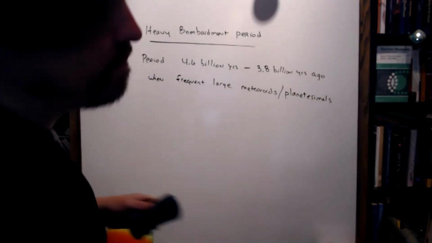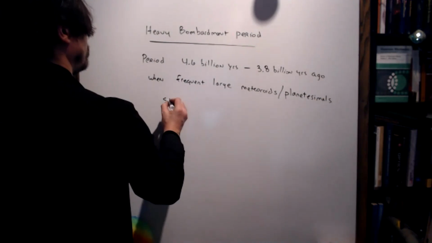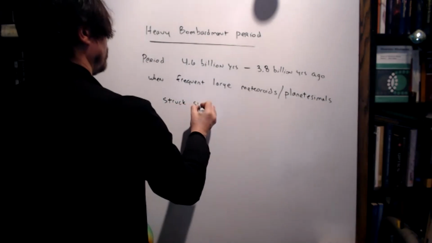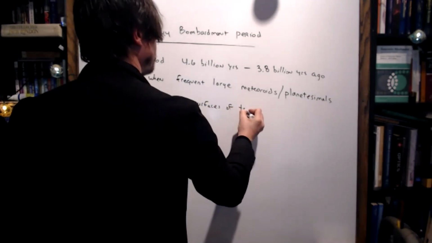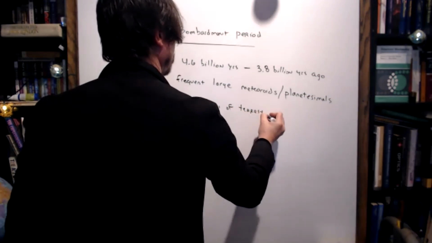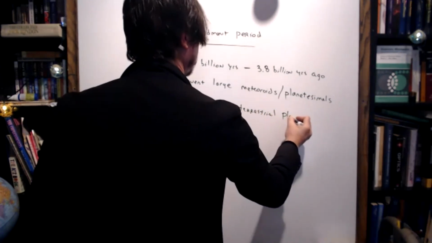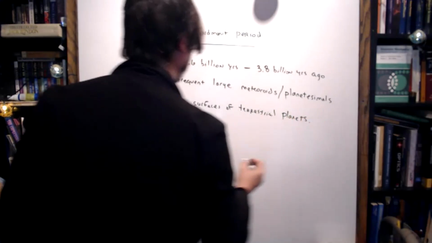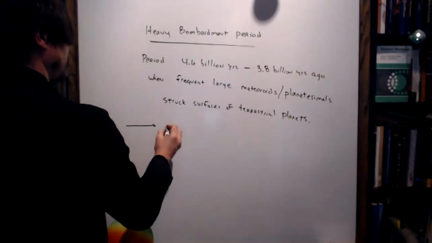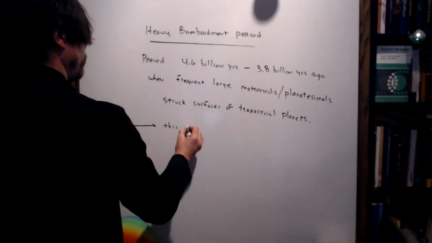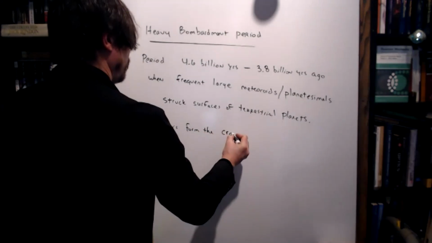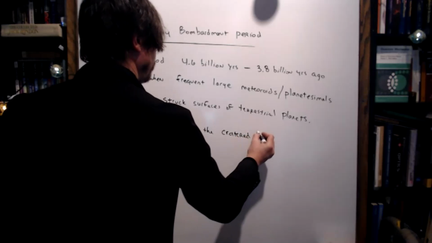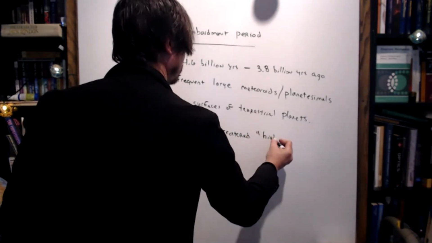Frequent large meteoroids and planetesimals struck the surfaces of the terrestrial planets. The other idea is that this formed the cratered, we call them highlands.